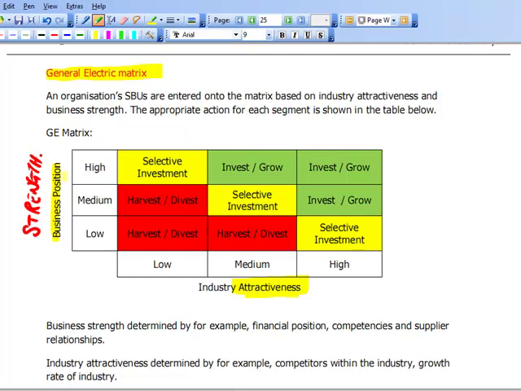So, looking at the notes, an organisation's SBUs, strategic business units, are entered into the matrix based on industry attractiveness and business strength. So it's that attractiveness and strength matrix again. And the appropriate action for each segment is shown in the table below.